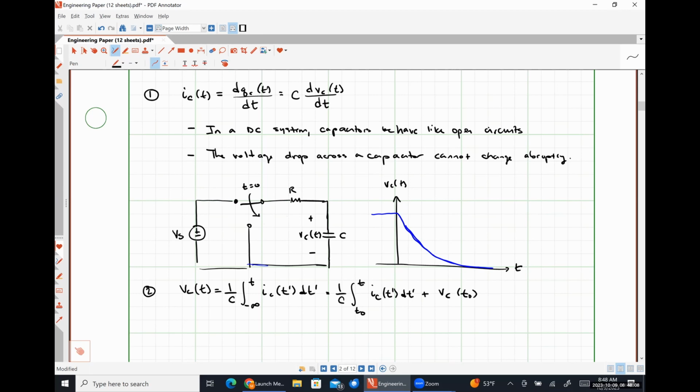Once again, this looks almost exactly identical to our inductor relationship, except that we have swapped our L for C and swapped the position of voltage and current.